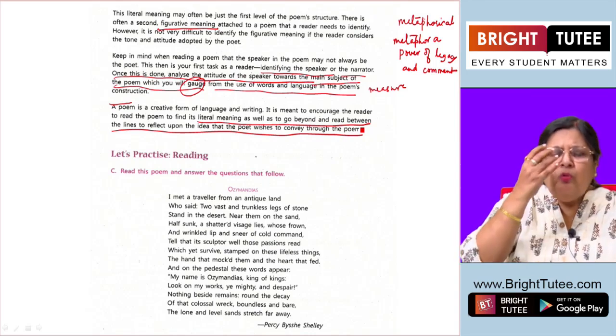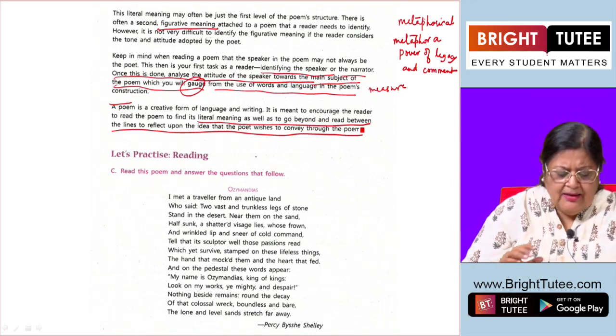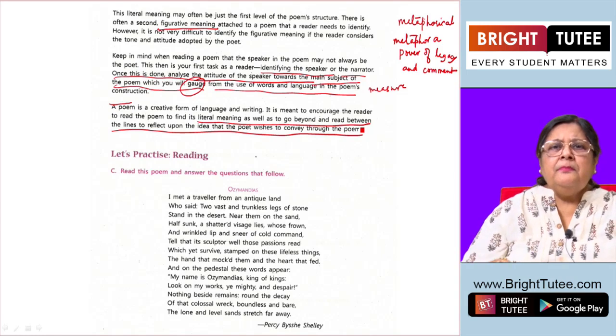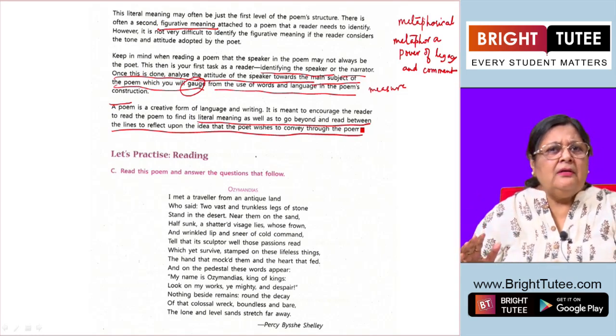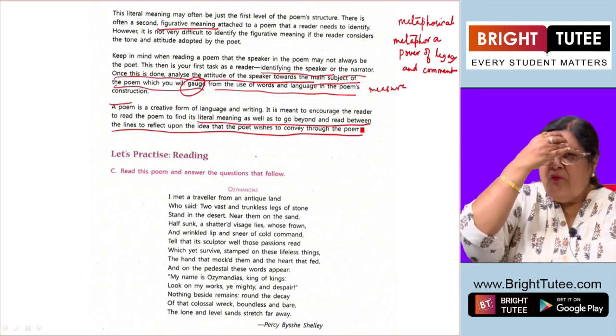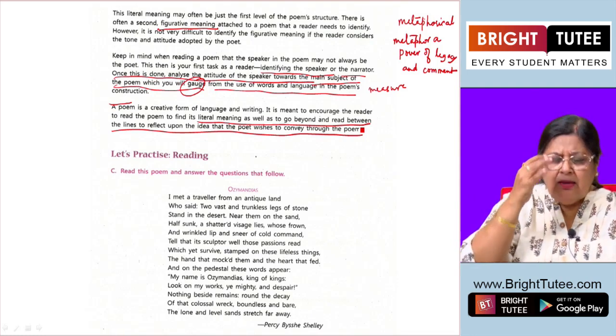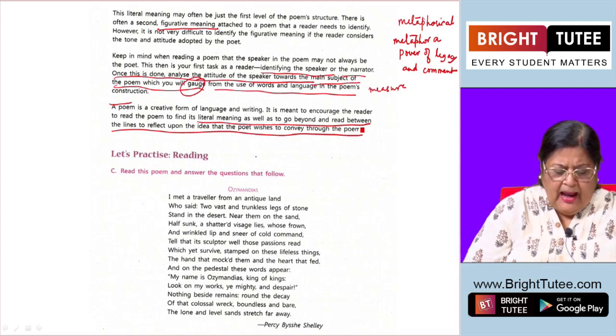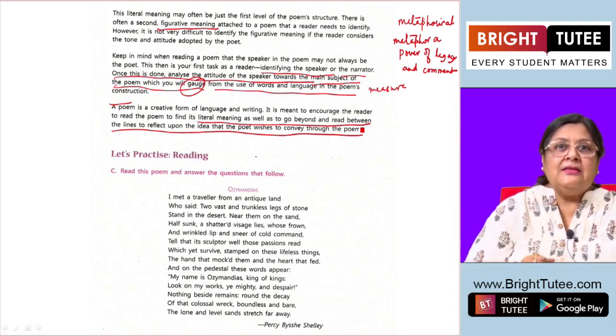The frown and a wrinkled lip form a commanding haughty sneer. You know, the face of that broken statue shows that it has got frowning brows, like this, an angry look, arrogance is there, and a commanding and haughty sneer.